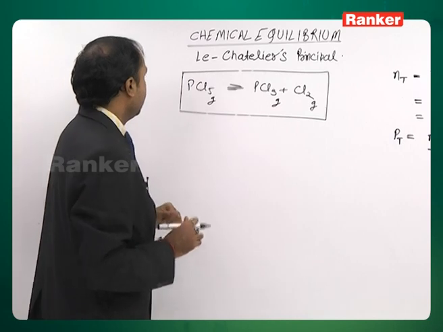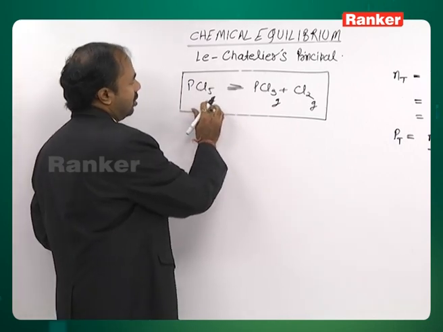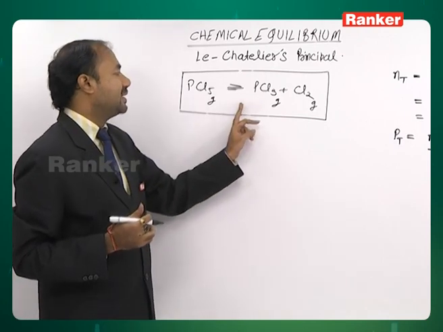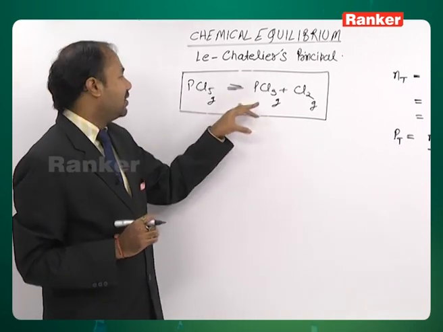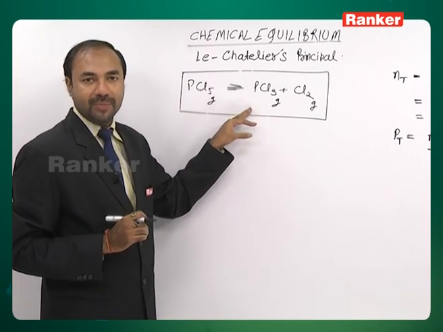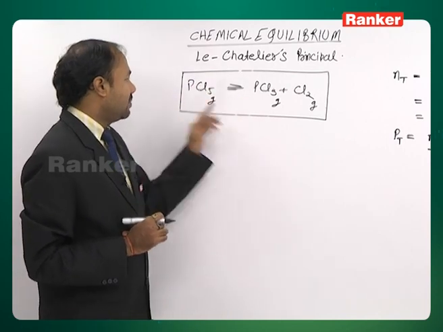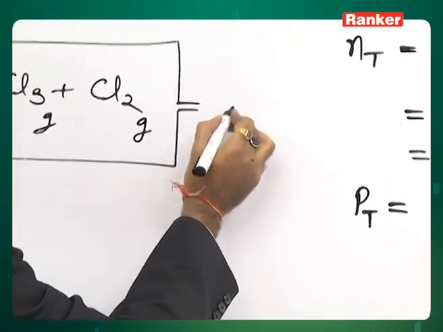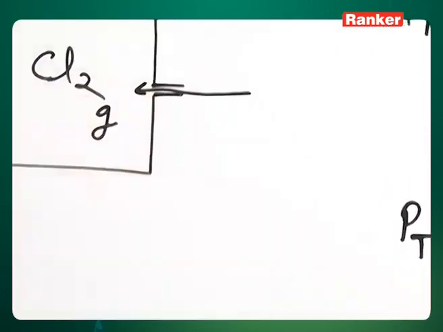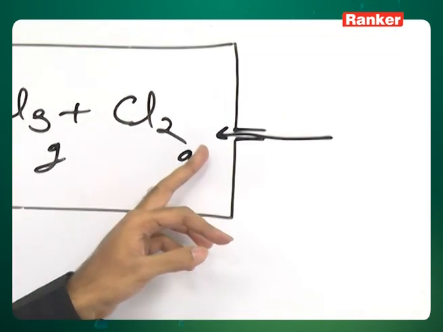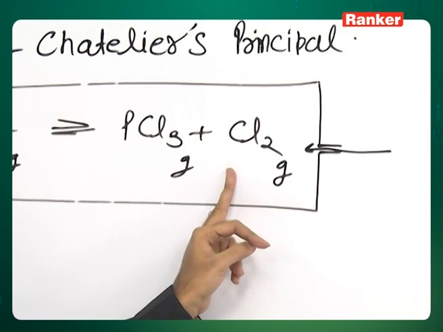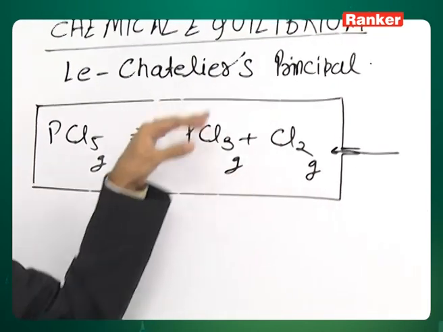Example, we have certain moles of PCl5, PCl3 and Cl2 in a certain container at a certain temperature at equilibrium. Right now we assume the system is at equilibrium. What you do here, we put a cylinder of chlorine and certain moles of chlorine are introduced into the container. Means what we did, we increased the concentration of chlorine in the container. What will the equilibrium try according to Le Chatelier's principle?